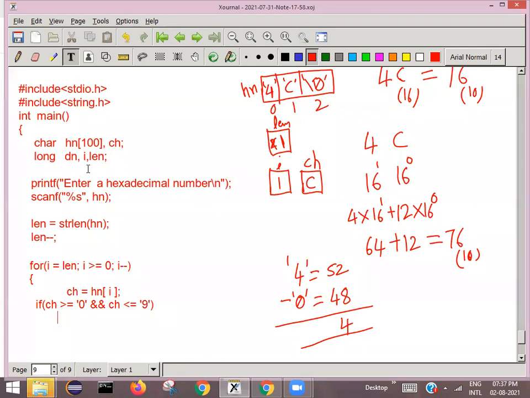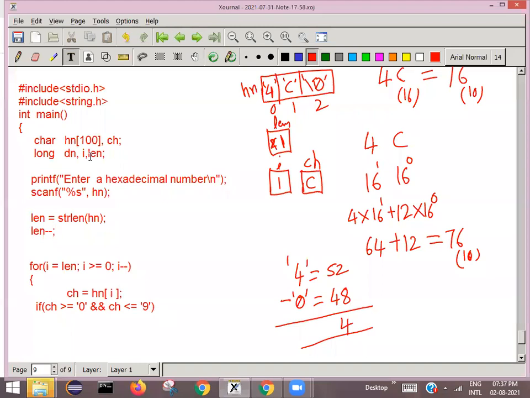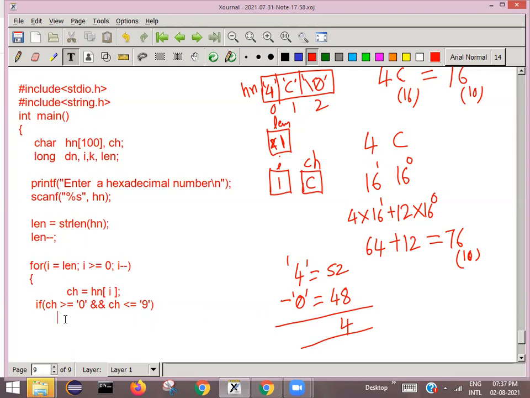So I declare a variable something like k here. I say k is equal to ch minus the character 0. Subtract character 0 from that, then you will get the equivalent number. 4 I will get.